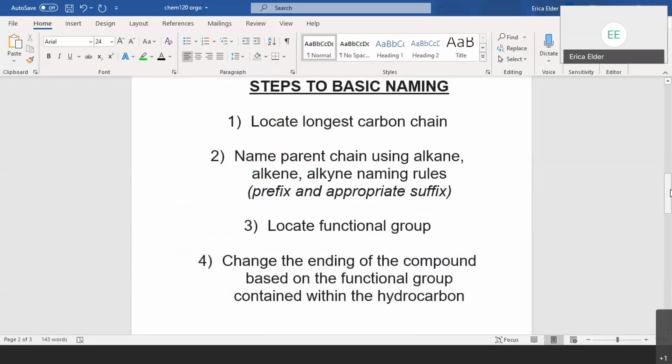Once you've done that, locate the functional group. Look for the item that's out of place. Everything up until now has always been hydrogens and carbons. If you see anything other than hydrogen and carbon, that flag should raise up, and that's where you should begin to look to the left and to the right and see what functional group has been represented. Once you've done that, omit the E and choose the appropriate suffix.